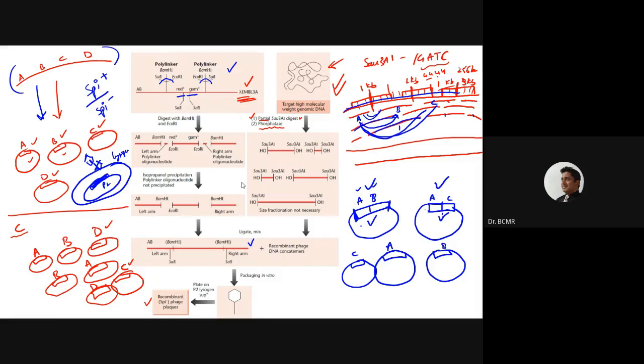If we delete this red and gam, say lambda is present and it is red and gam minus, then it can infect the P2 lysogen.